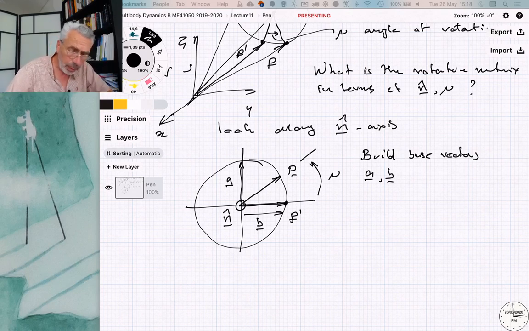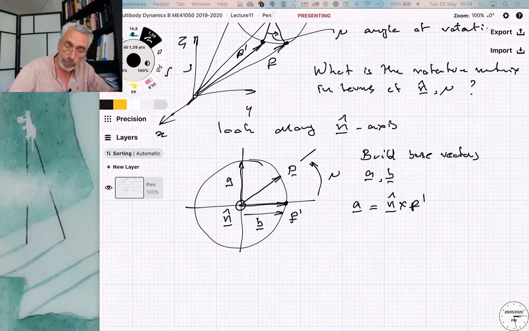Now, how do we build them? Well, the A vector is perpendicular to the axis, and it's perpendicular to this vector. So if we just take a cross product, and we have to do the order right, so if we do n cross p prime, yeah, we get A. And the length is exactly right.